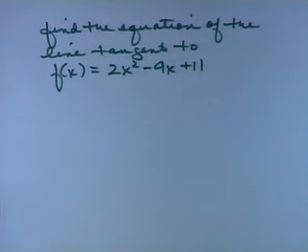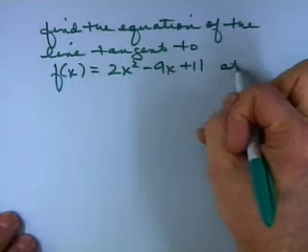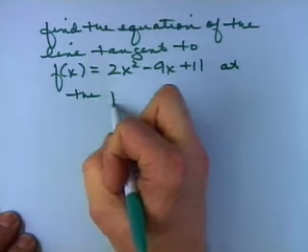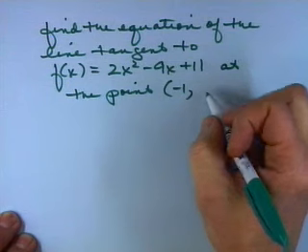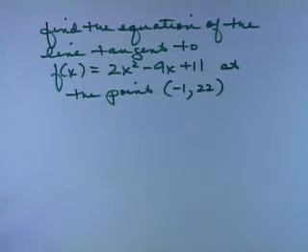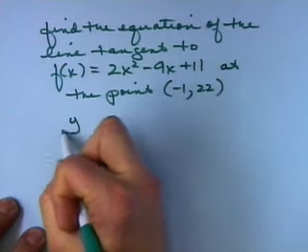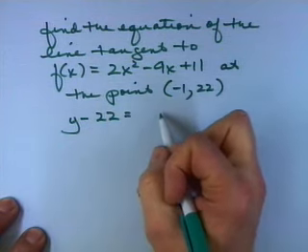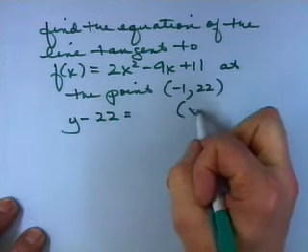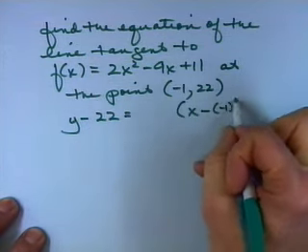That's what I want to do anyway. At the point -1, comma 22. So y minus the known y value is slope times x minus the known x value.